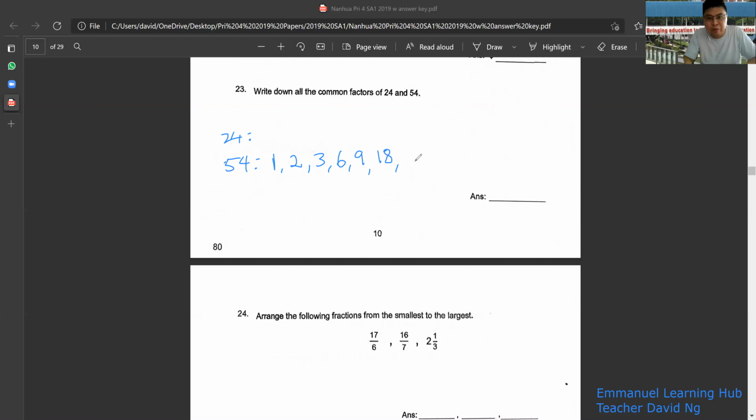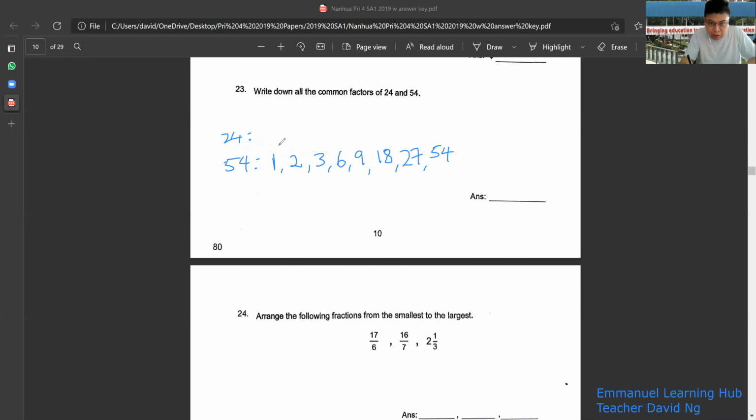Okay, what number times 2 gives you 54? 27. Then what number times 1 gives you 54? 54. Yep. So these are all the factors of 54.